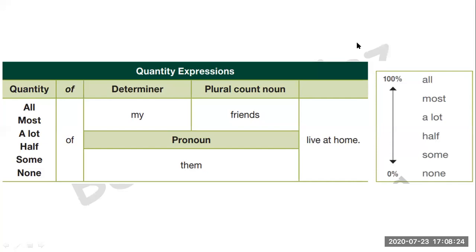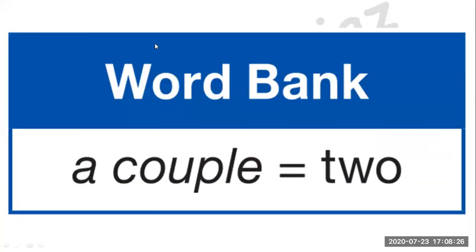Okay, let's see the next page. A couple. Most of the time when you say a couple, it's because you are referring to two. Normally a couple means two.